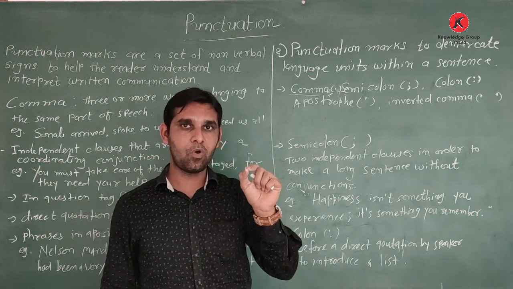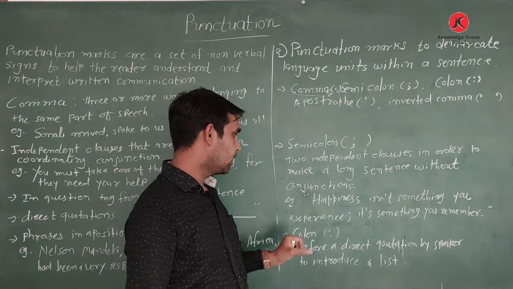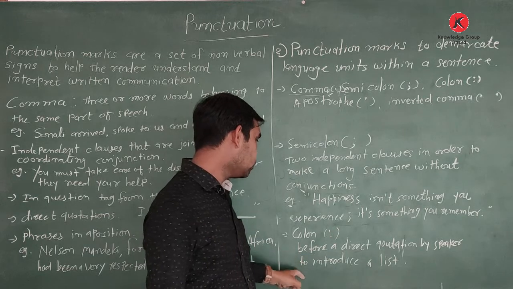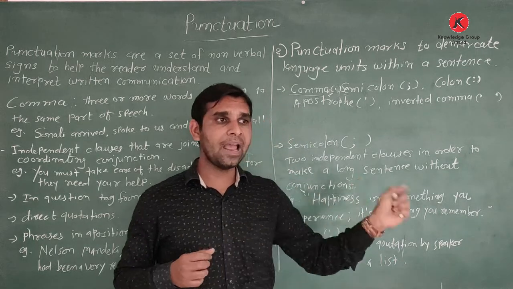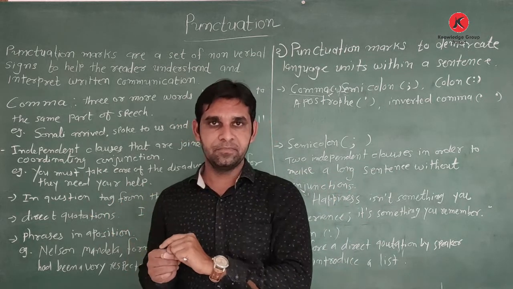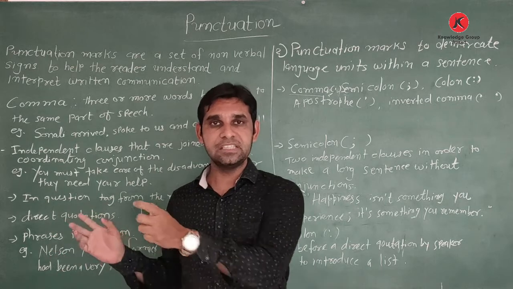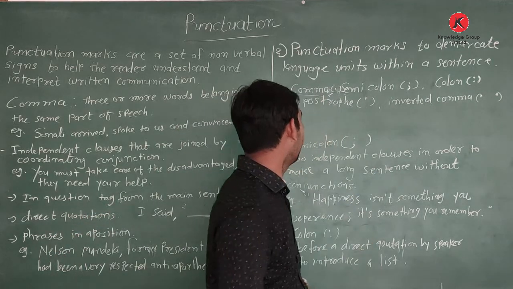God says this colon, then whatever words they use are given after the colon. Then where do we use it to introduce a list? If I say I like the following, then give the list. Okay? Tomato, pizza, burger, these lists. Okay? There we use the colon.